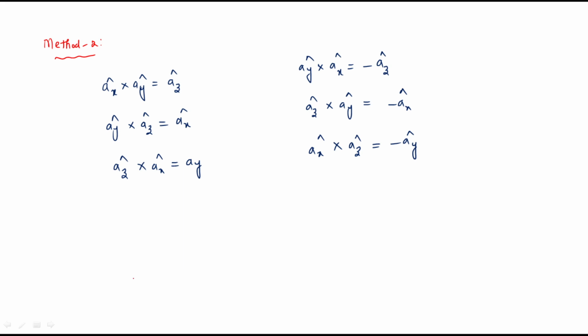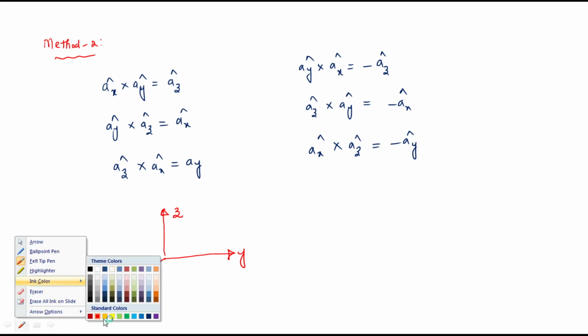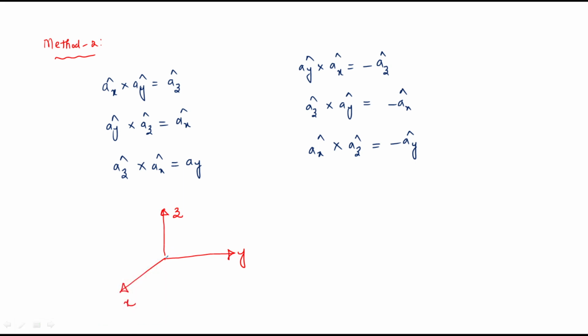Which is nothing but, let us consider a three-coordinate plane. Let us say this is x, this is y, obviously this is z. So what is the direction of the negative axes? Let us say this is minus x, minus y, minus z.